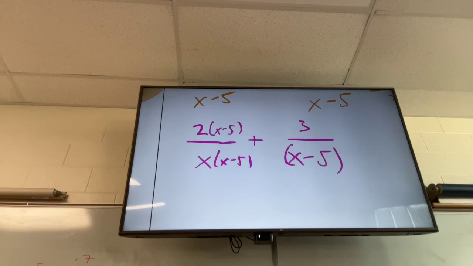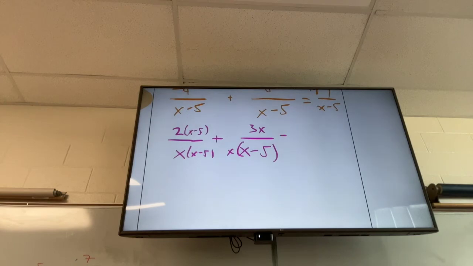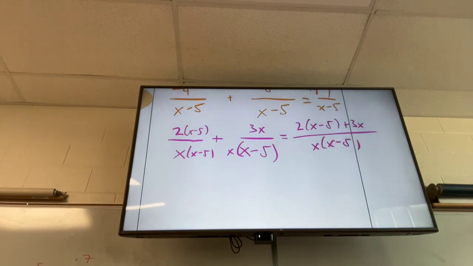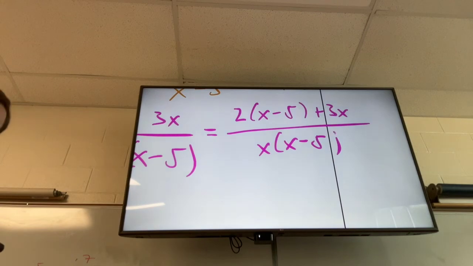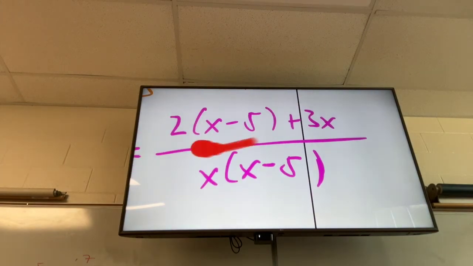Then what's this guy on the right missing that this denominator has? x. So then we add them together to combine them, and it's going to be a lot easier if I simplify this numerator. So I want to distribute, combine like terms, and then refactor.